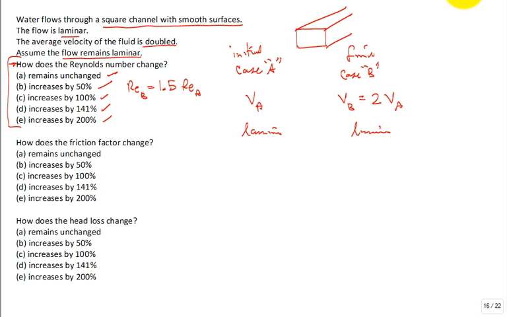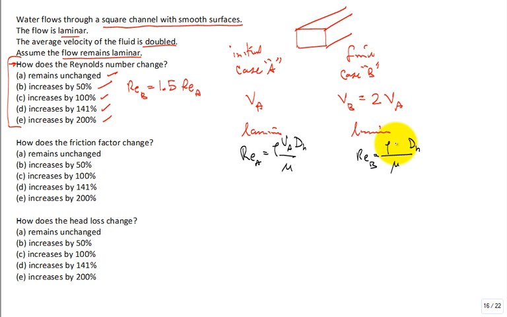All right, everybody's in. So you have to remember that the Reynolds number for case A, just like the Reynolds number for case B, is some rho, some V, some hydraulic diameter, divided by mu. Did the density change? Did the viscosity change? Did the hydraulic diameter change?